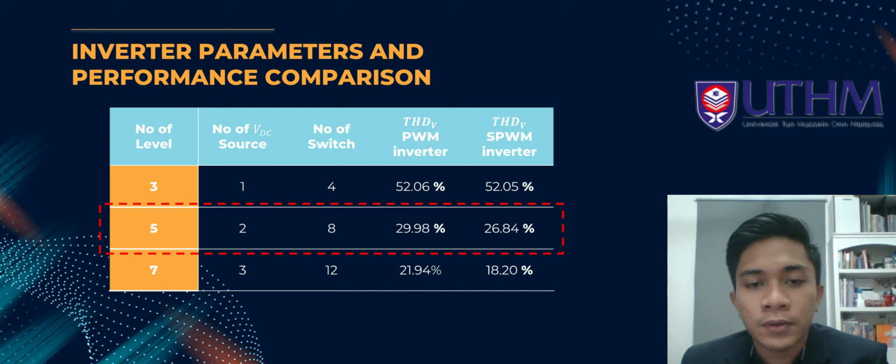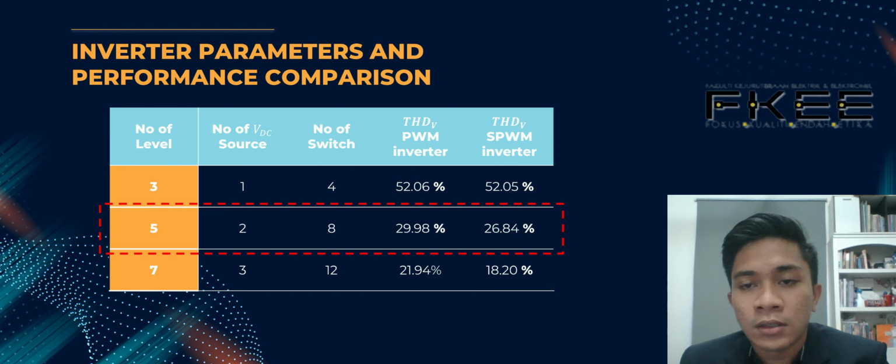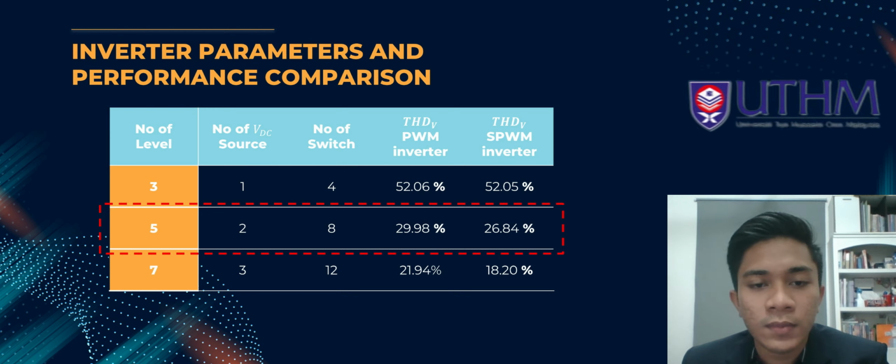But at the 5 level inverter, the number of DC voltage sources increases to 2, and we also have 8 switches. Then the THD is different: 29.98% for the PWM inverter, and 26.84% for the SPWM inverter.